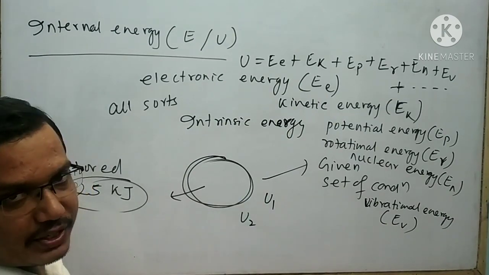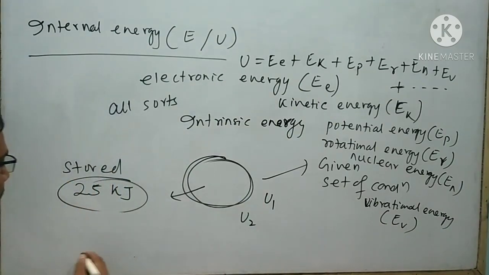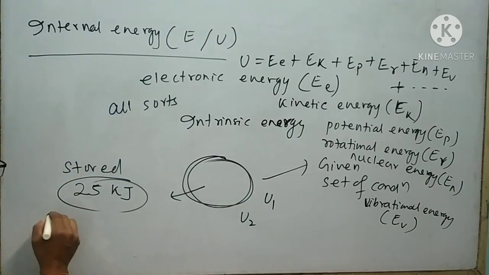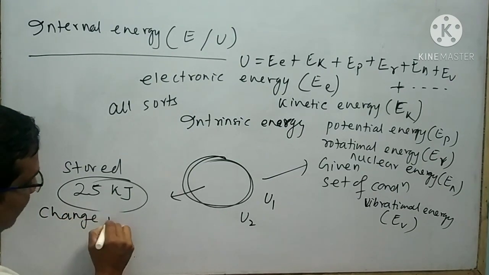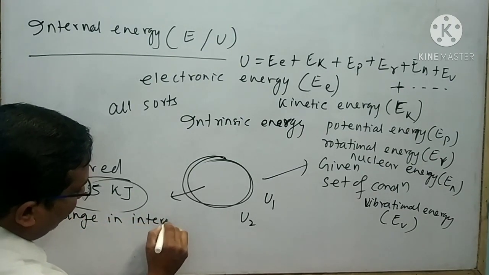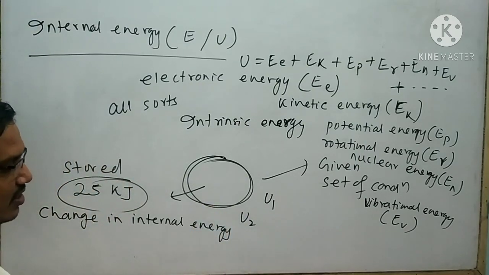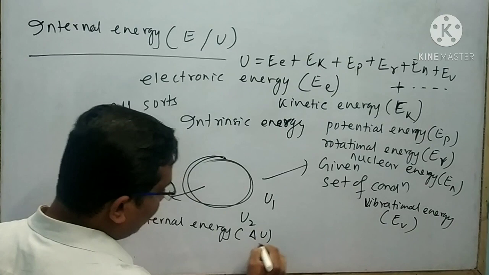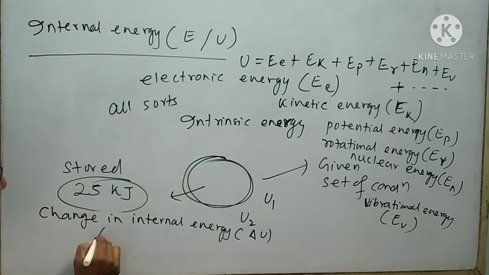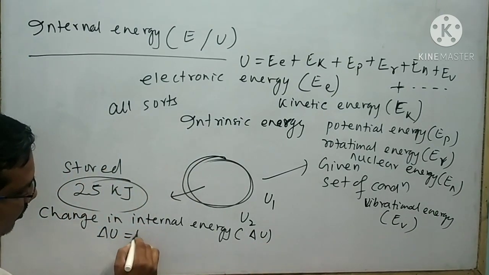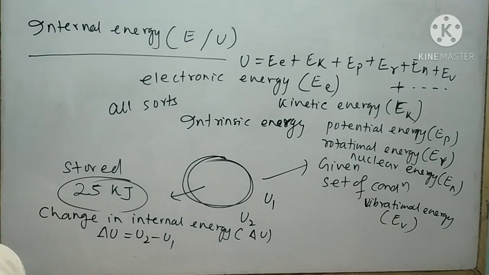With the help of internal energy U1 and U2, we can find out the change in internal energy. The change in internal energy is denoted by del U. The value of del U equal to U2 minus U1.